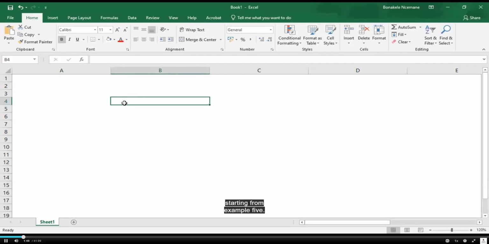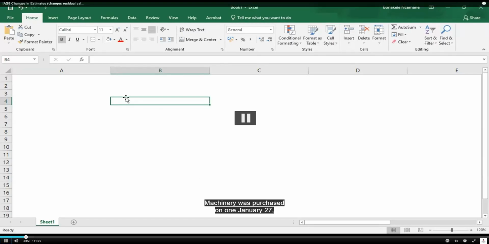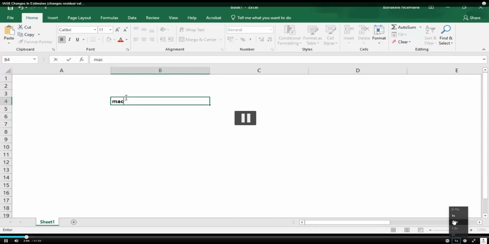Starting from example 5. Example 5 says there is a change in estimate. Machinery was purchased on 1 January 20x7.